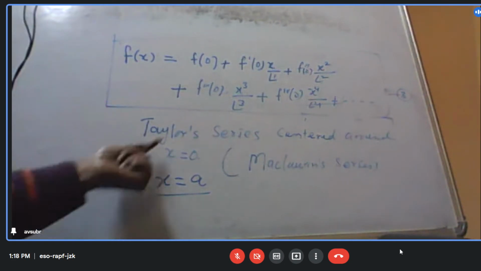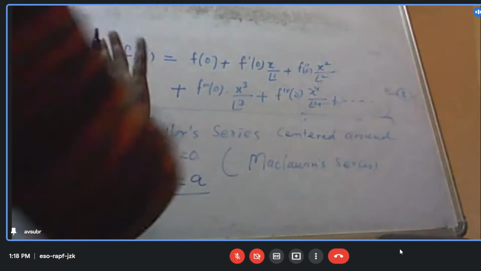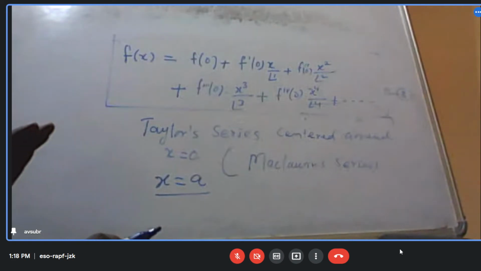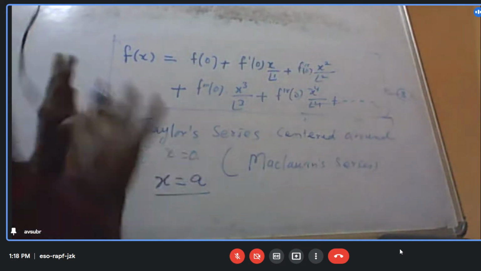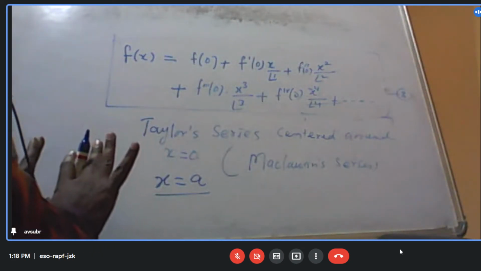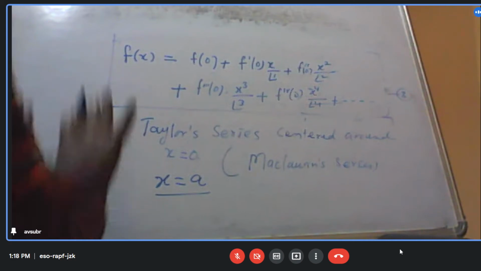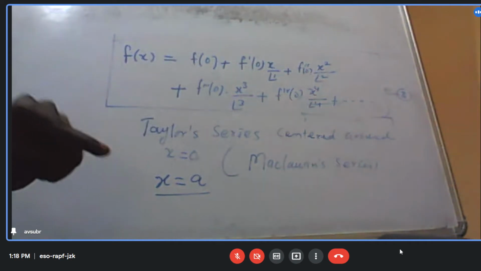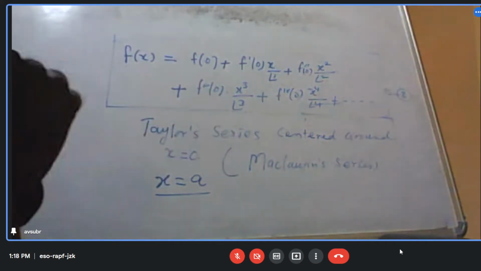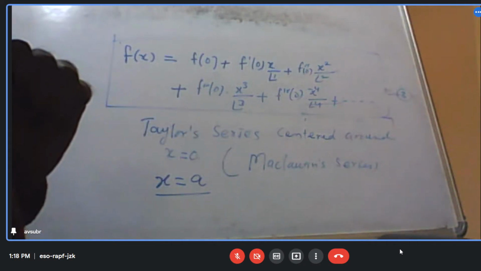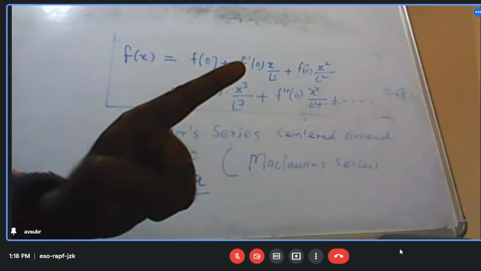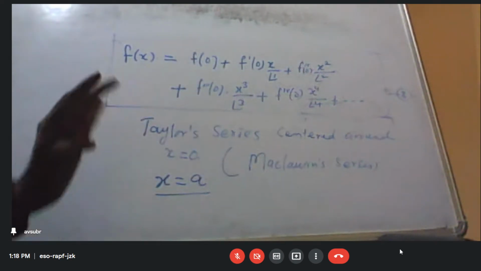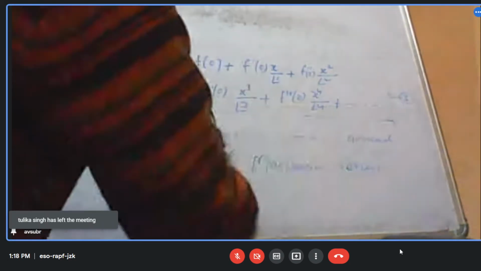If I am shifting it to x equal to a, then I have to shift this whole series towards that. It means I have to shift my center from x equal to 0 to x equal to a. Now the series is centered around x equal to a. Clear? So then this series will look like this.